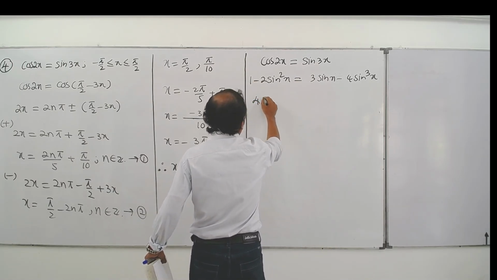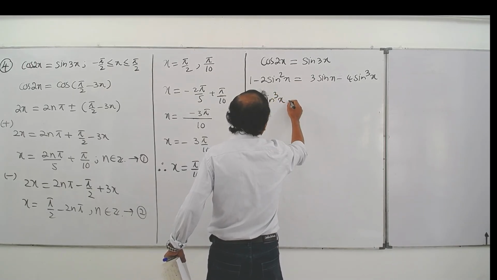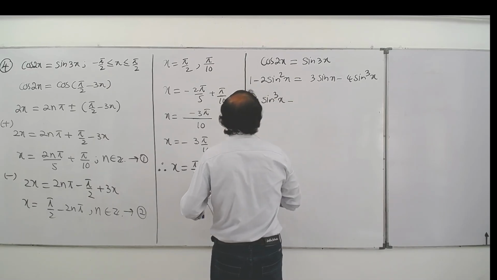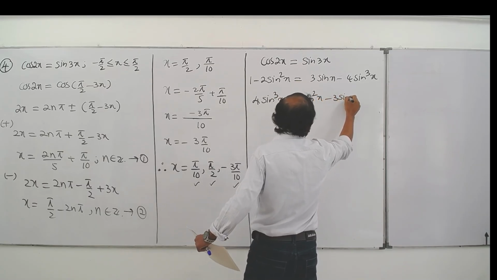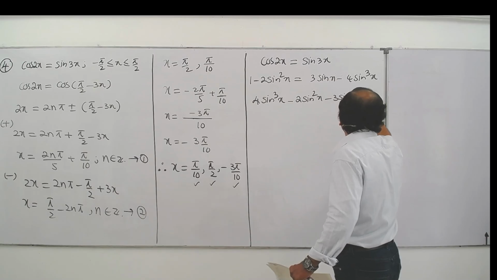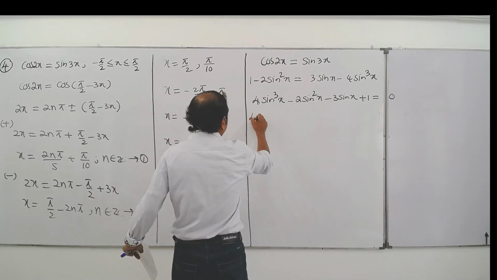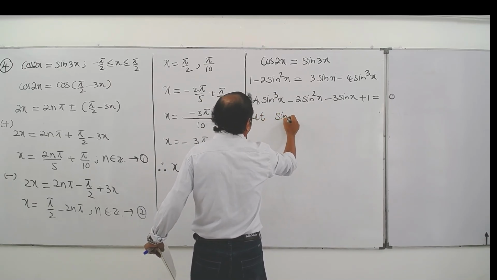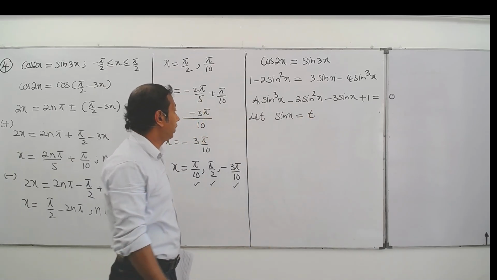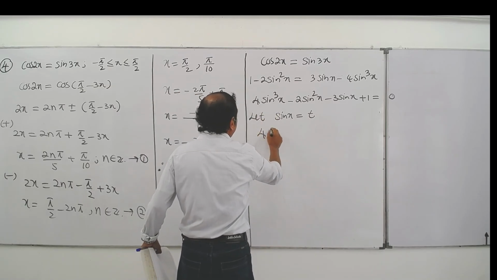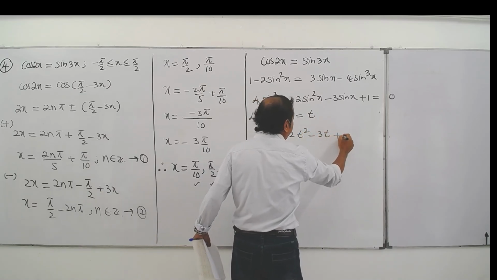Then 4 sin cube x will be positive, minus 2 sin squared x, minus 3 sin x plus 1 equals 0. This way we can write. Now I substitute t for sin x. Let sin x equals t.